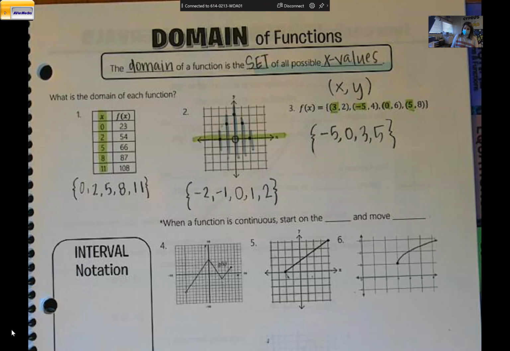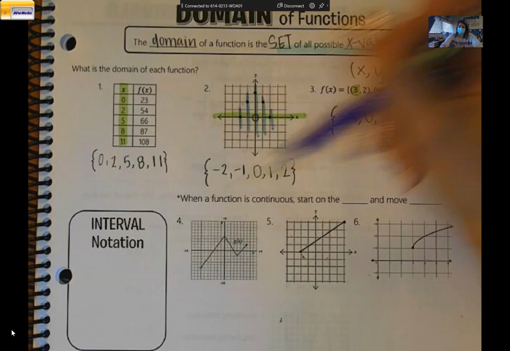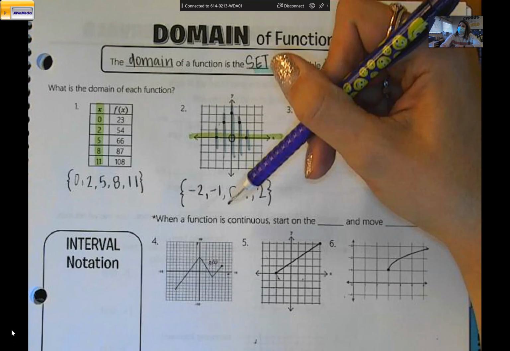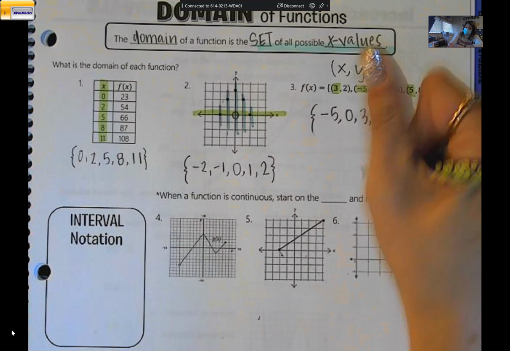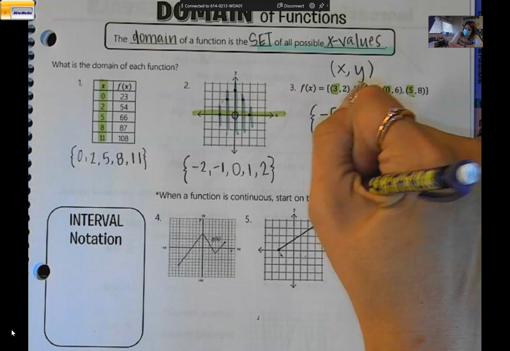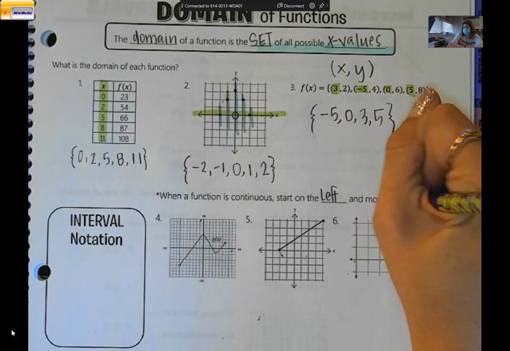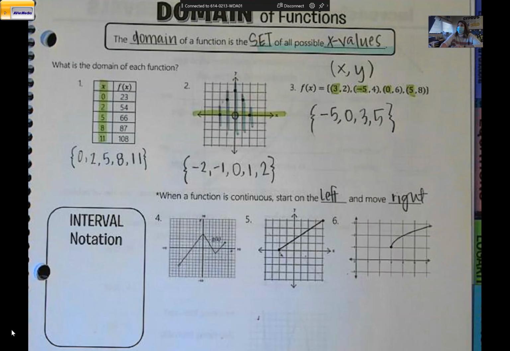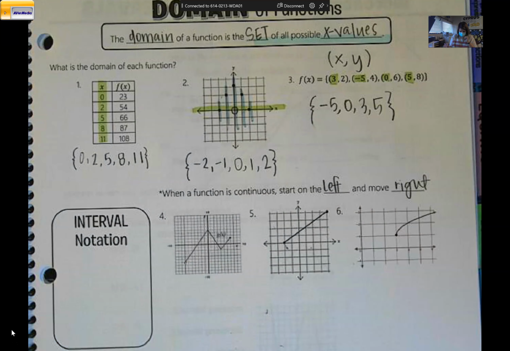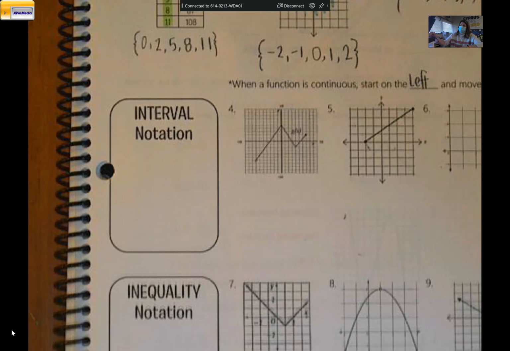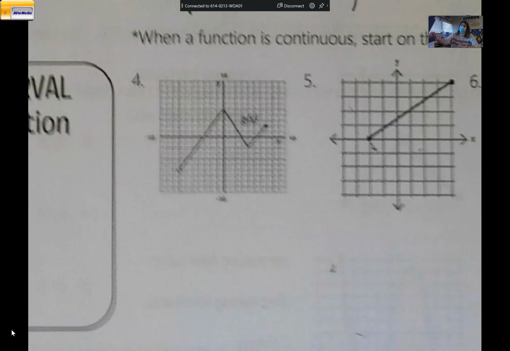on this page. So when a function is continuous, you start on the left and you move right. Okay, so I'm going to zoom way in because this guy's got something interesting going on.